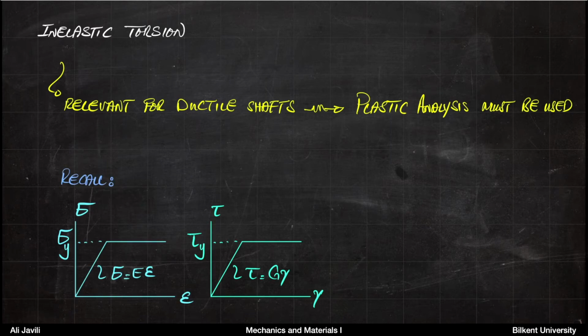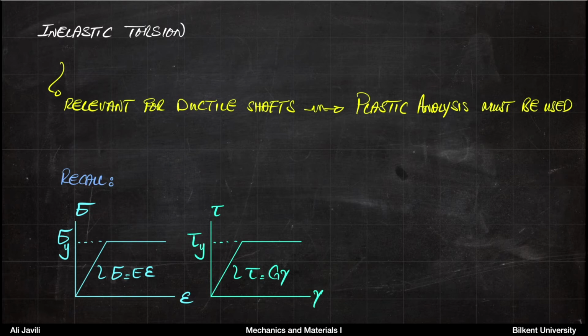And if you remember, we always talk about perfect plasticity, in the sense that if the material reaches the yield limit, it would just have a constant stress. Now, the elastoplastic behavior for perfect plasticity, in terms of normal stress-strain relationship, is shown here.